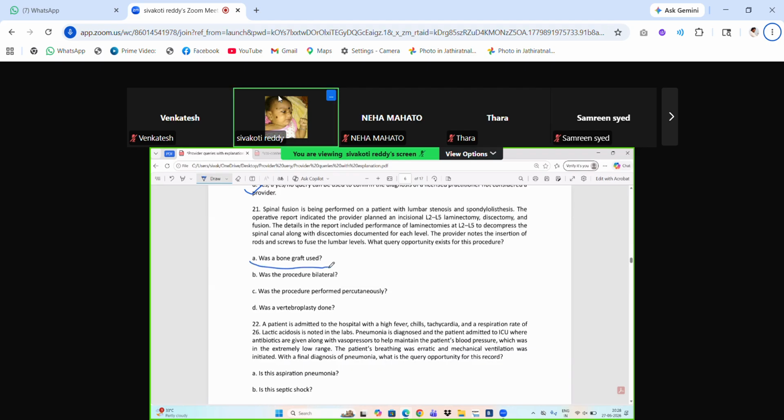When the documentation says fusion, we need to check what bone graft or fixation device they used. So here, bone graft used or not, we need to check, because it was a fusion.